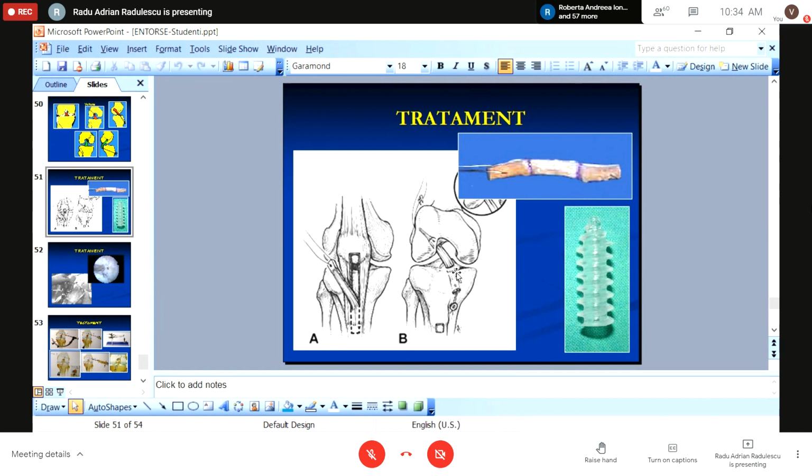This graft is introduced in the knee through two tunnels, one of them in the medial hemiplateau and the other one in the lateral condyle, so that the ending of the tunnels inside the knee must be exactly on the place of the natural attachment of the natural ligament.